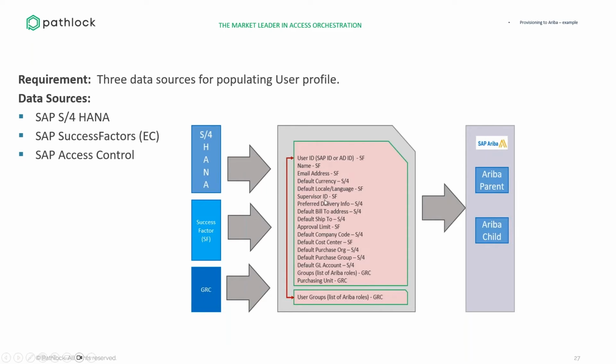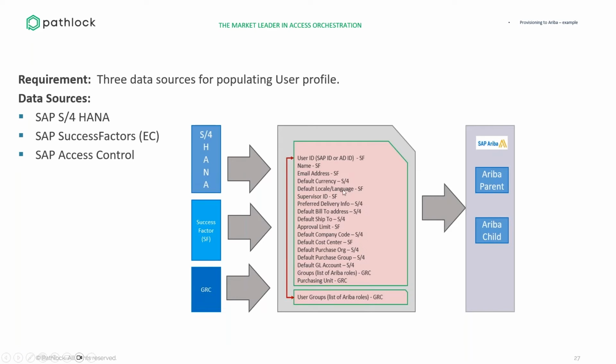The other thing I will say is that if the source data changes, we constantly poll that source system and say, okay, my approval limit in SuccessFactors just moved from $50,000 to $100,000. We can pick that up and say there was a change. We'll pick that up and push it to the user's record in Ariba, and we just use a zero-stage workflow.